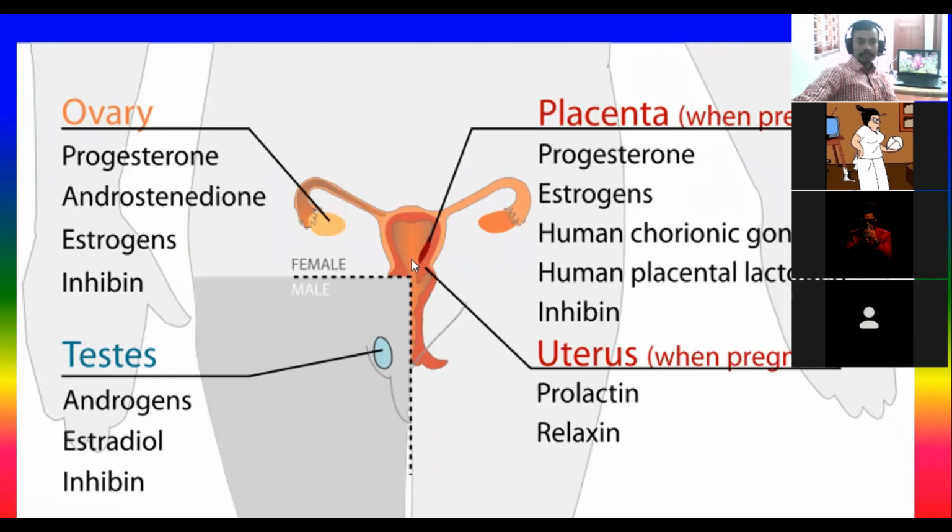Ovaries and testis: this is for females, this is males, testis. Essential sex hormones. Uterus.